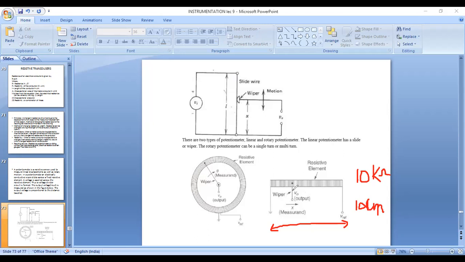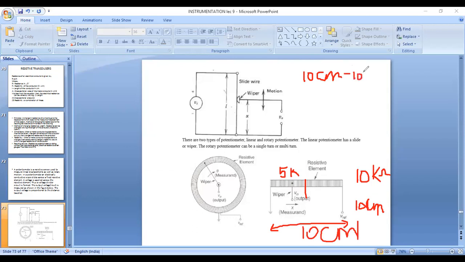If I place this wiper at the 5 centimeter position, exactly the middle of the potentiometer, what is the value of resistance? 5 kilo ohms is the value of resistance. For 10 centimeter total length, resistance is 10k.